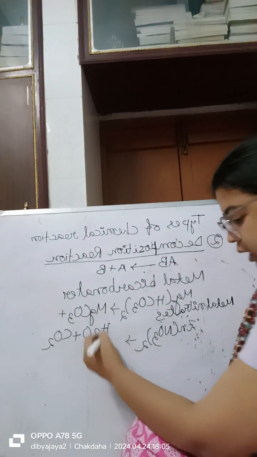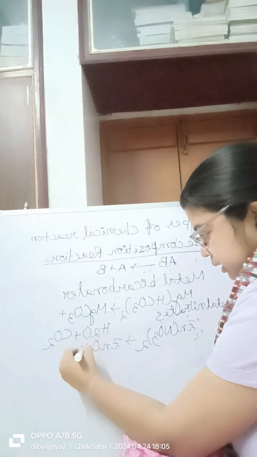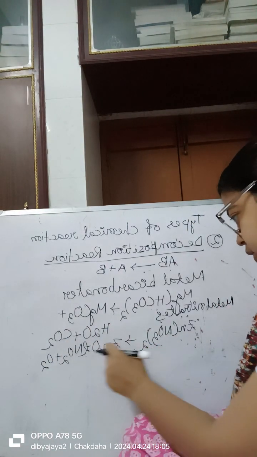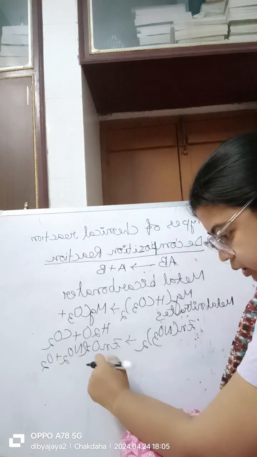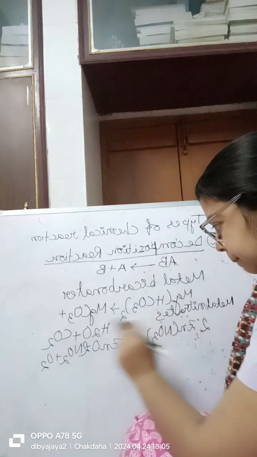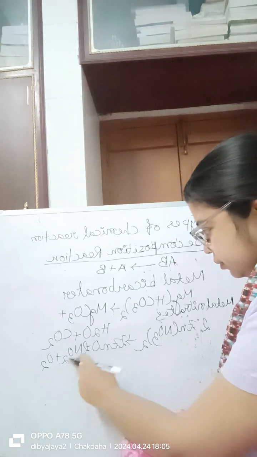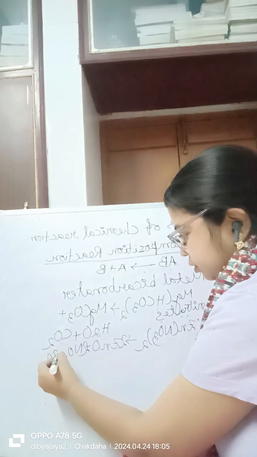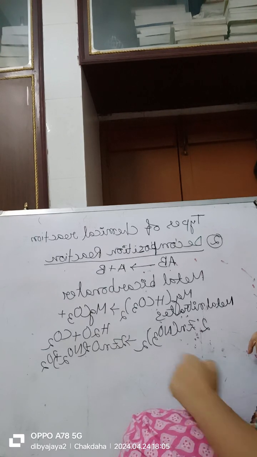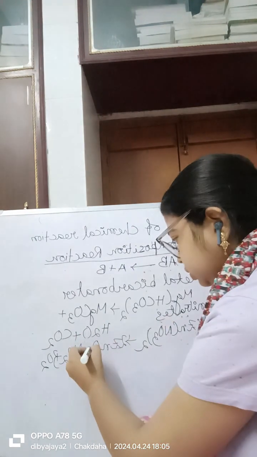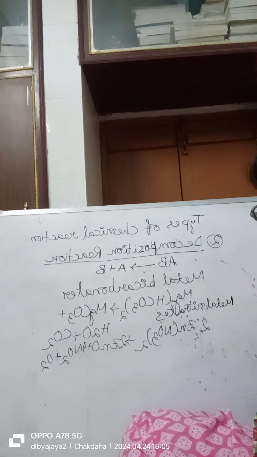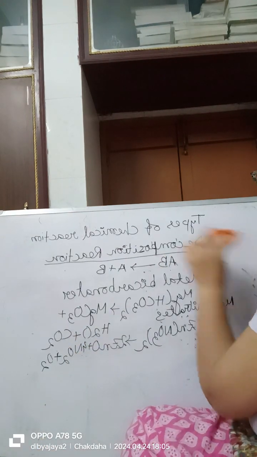Zinc nitrate will decompose into ZnO plus NO2 plus O2. Balancing: 2 Zn(NO3)2 gives 2 ZnO plus 4 NO2 plus O2. Oxygen: 8 on the left, 2 plus 8 plus 2, 12 on the right. Done.